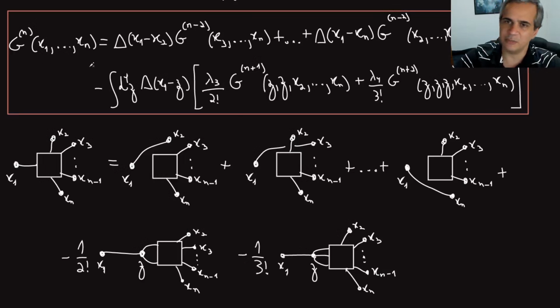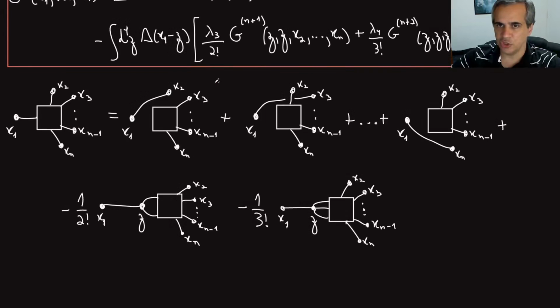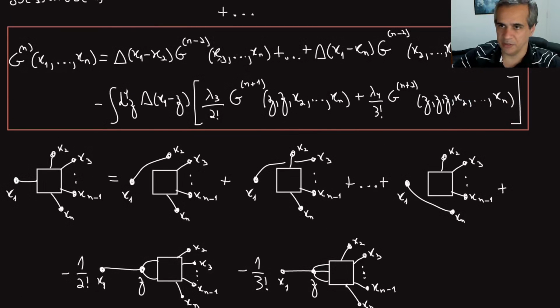To see that, let's specialize this one up here for the 2-point function. So let's take G2 of x1, x2, right? And let's specialize that one up here, right?